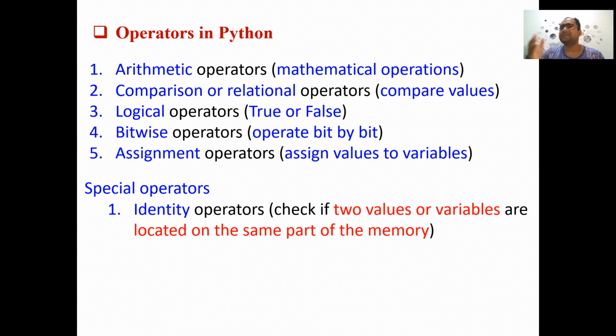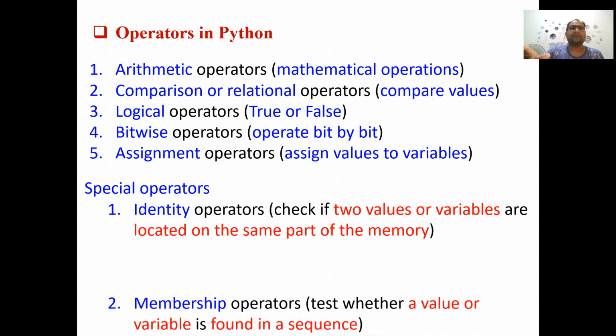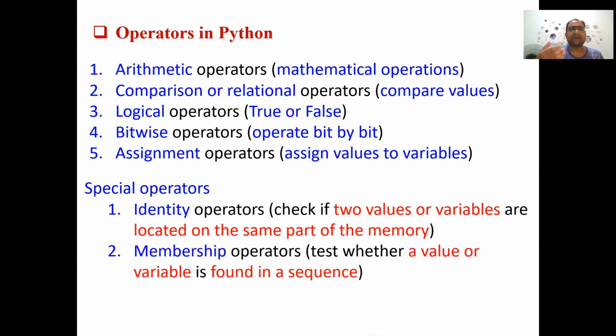Like is and is not, they check if two values or variables are located in the same part of the memory. Even there are membership operators, which test whether a value or variable is found in a sequence, like in, okay? It's a membership operator.